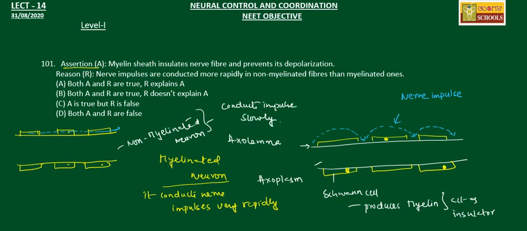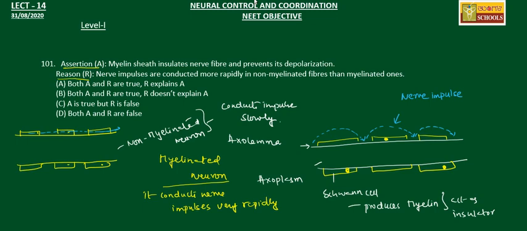Now let's see the assertion again. Myelin sheath insulates the nerve fiber and prevents its depolarization. Yes, it acts as an insulator and it prevents the depolarization. As a result, the nerve impulse will only transmit at nodes of Ranvier.